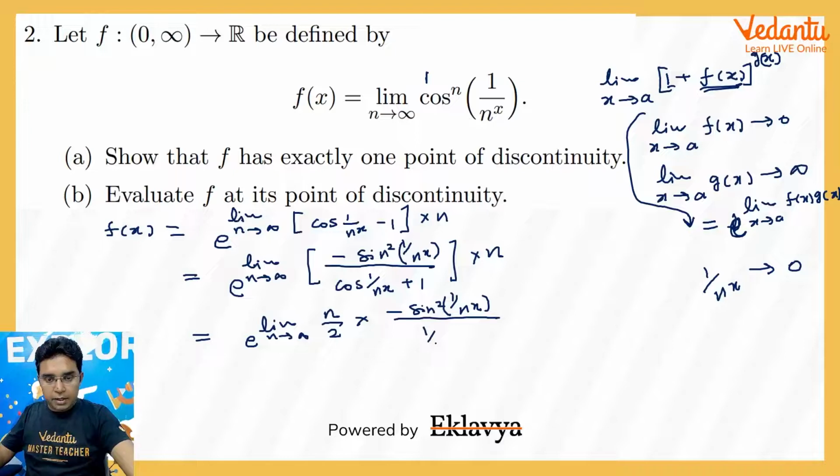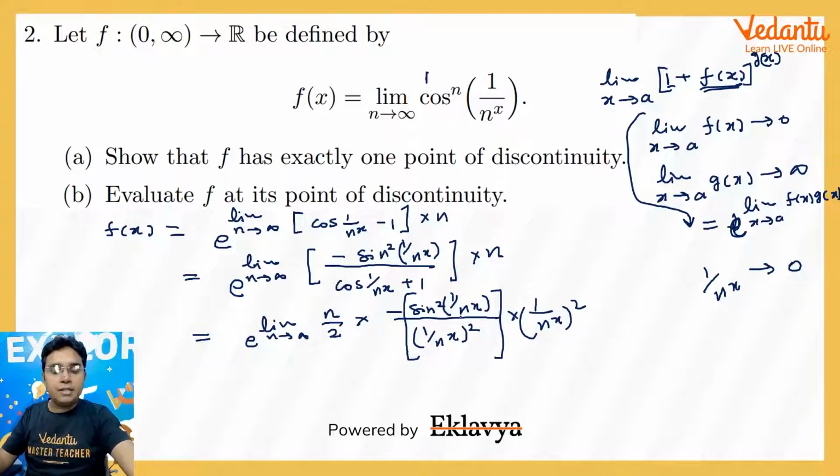To make it a standard limit, I'll multiply and divide by 1 upon n^x whole square, and this way it becomes a sin x upon x form where x approaches 0. So here we get e to the power limit n approaches infinity of minus 1 by 2, and the power of n would be 1 minus 2x. You can check: 1 minus 2x.